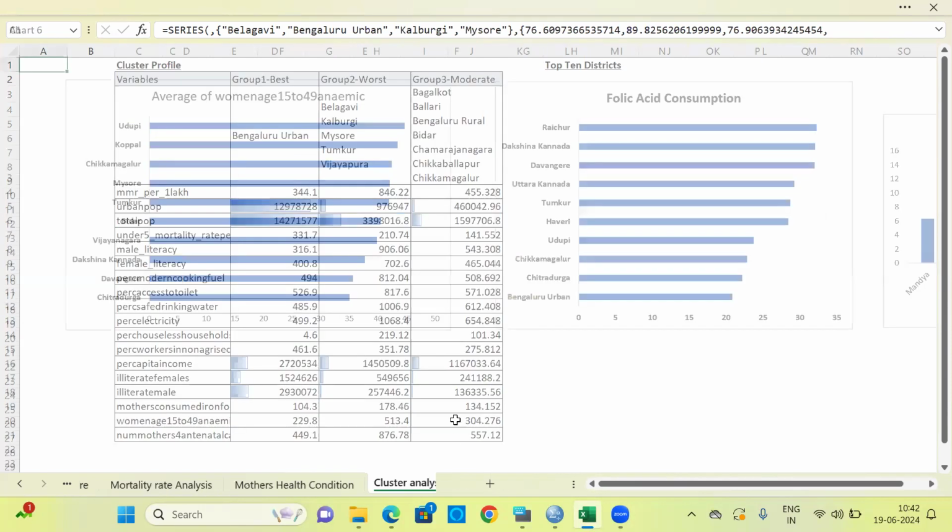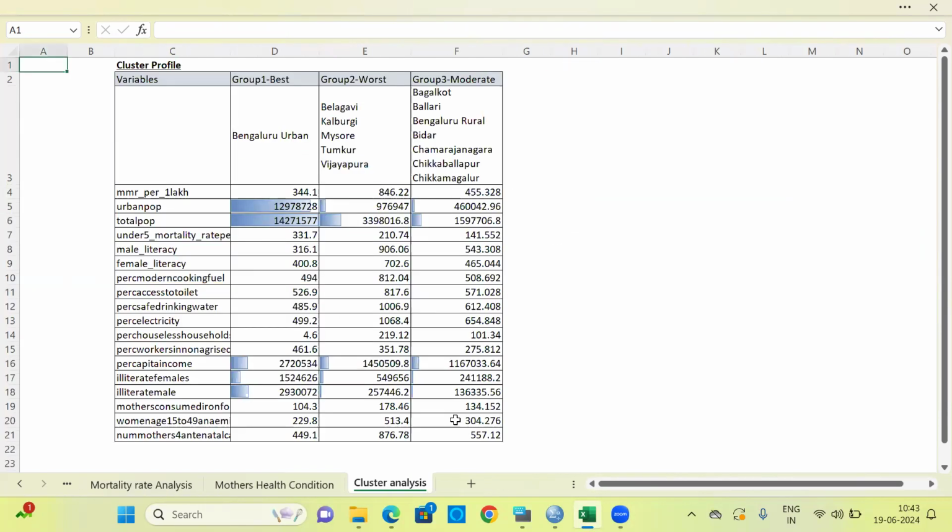The last of the analysis that I have done is a clustering. I'm just showing you the output of clustering. I've tried to club the districts based on their performance into 3 groups. The best performing district I'm calling as group 1. The worst performing district I'm calling as group 2, and the district which is performing moderately I'm calling as group 3.